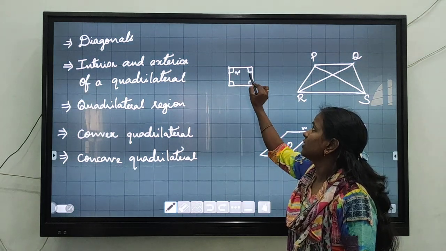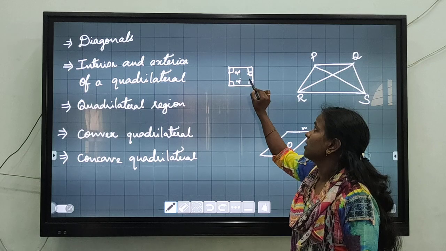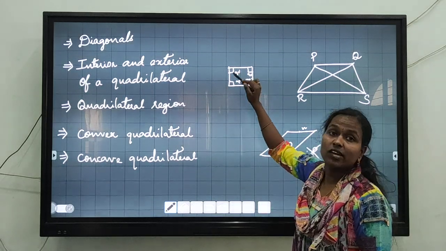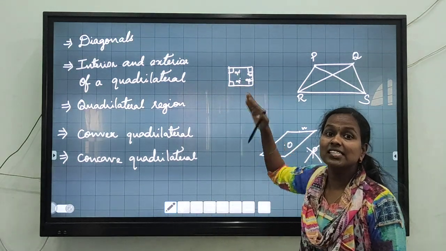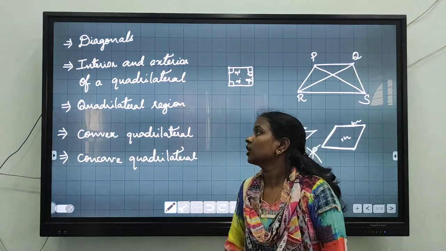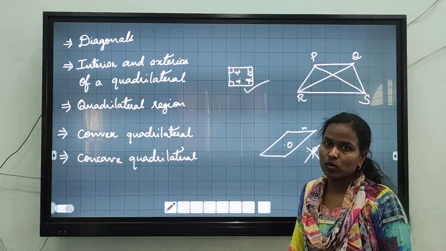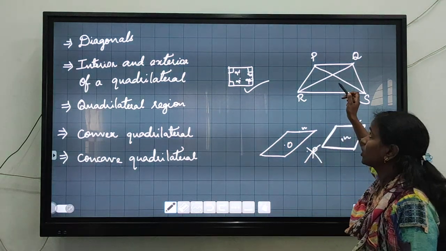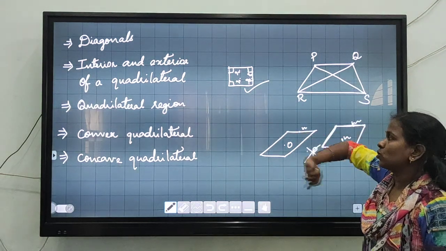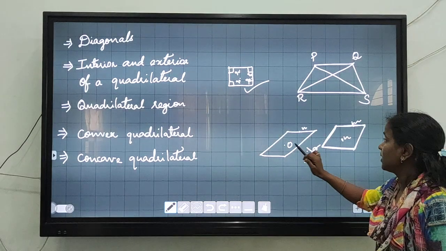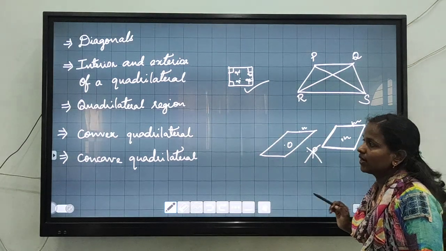This is 90 degrees, this is 90 degrees, this is 90 degrees, this is 90 degrees. Each of the angles is less than 180 degrees, so that is a convex quadrilateral. Square is also a convex quadrilateral. This figure is also a convex quadrilateral, and this is also a convex quadrilateral.